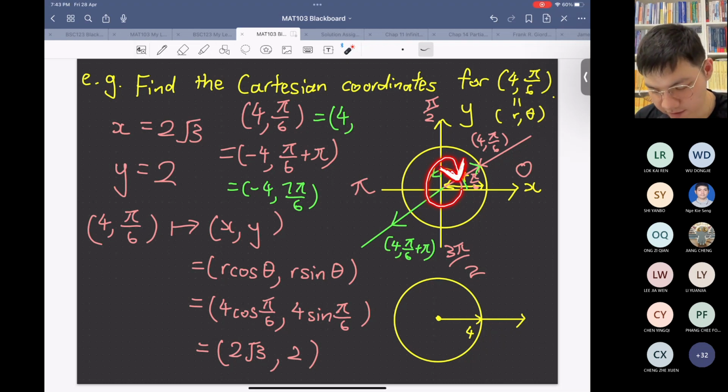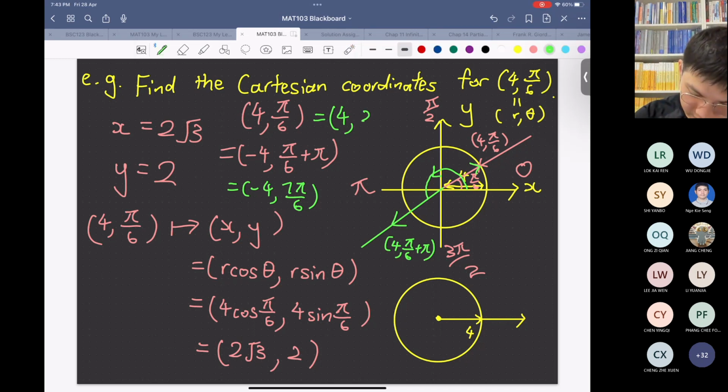What's this angle here? Oh, 2 pi minus the original angle. Yes, correct. So 2 pi minus pi over 6.